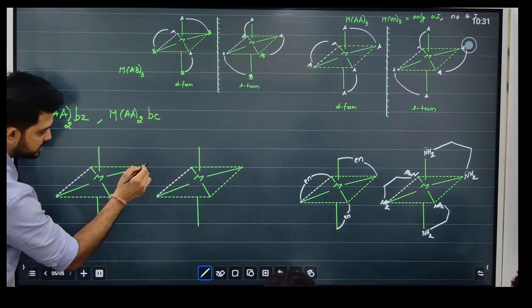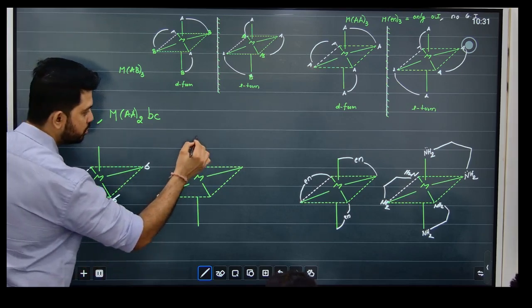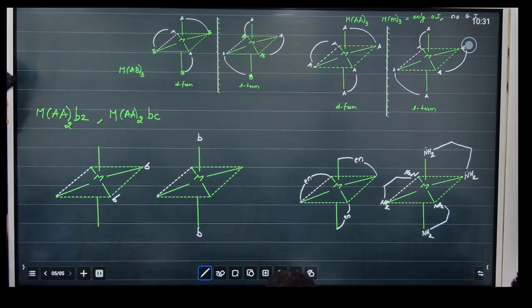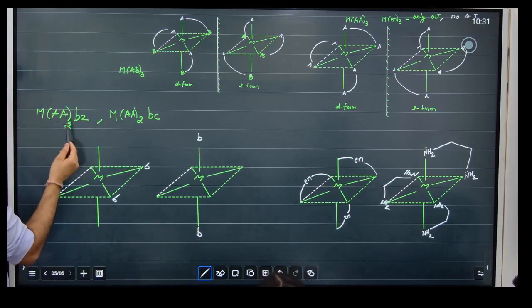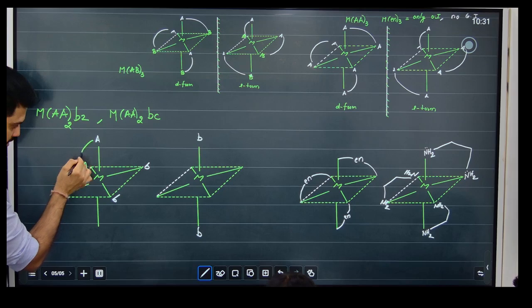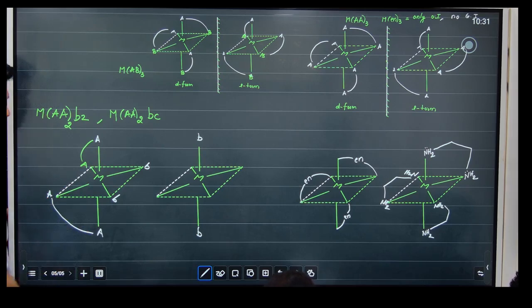So B2 cis and B2 trans. Then I have AA, so you can have A here and A here, then A here and A over here. What about this?